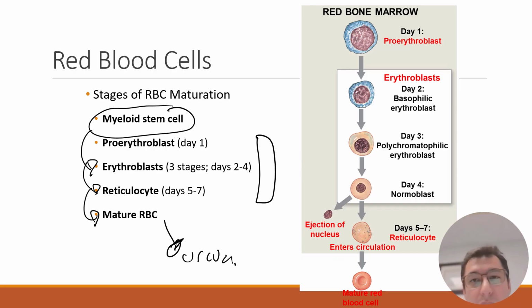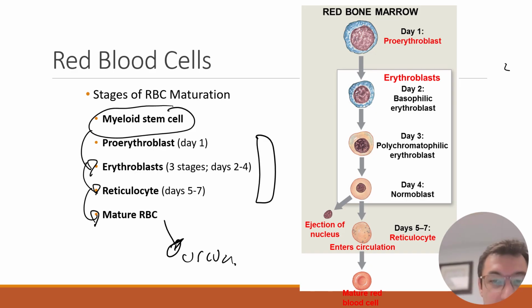So we have the red bone marrow. There are different names here. I want you to know that there is a myeloid stem cell, which is the hemopoietic stem cell, and then that can go into a colony forming unit, and within the colony forming unit, then you create the erythroblast.